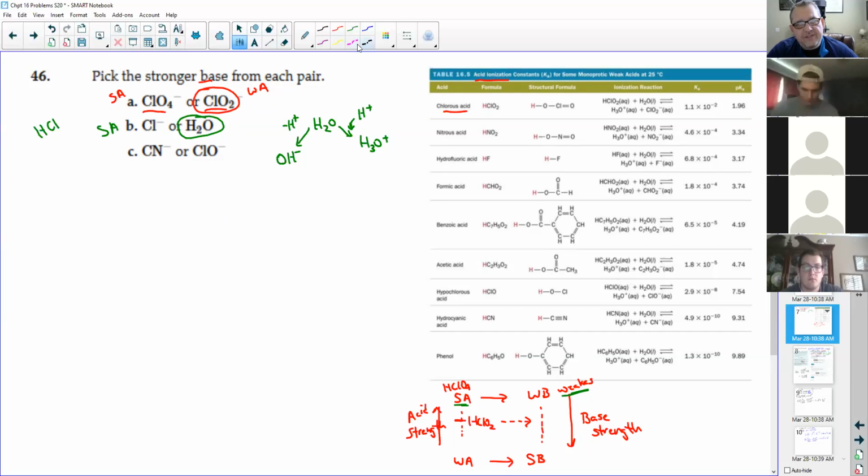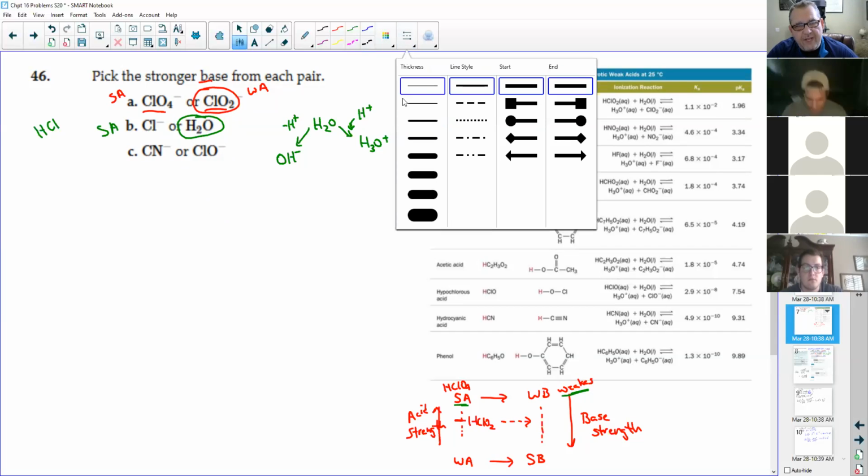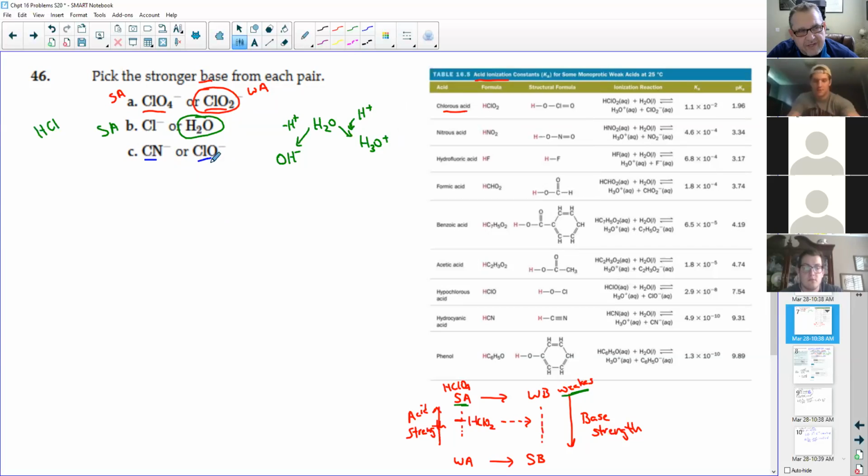Now, the last two is the tougher of the mixture, because we have to actually look at a comparison of these. If we look at the conjugate acids, hydrogen cyanide and hypochlorous acid, both are examples of weak acids. So what we need to figure out is which one is the stronger of the weak acids and which one is the weaker. If I look at hypochlorous acid, its Ka value is 2.9 times 10 to the minus 8.